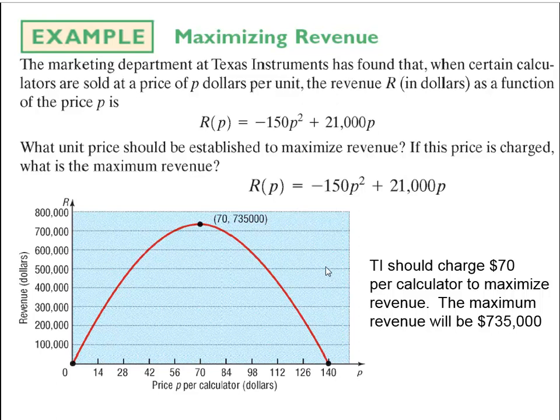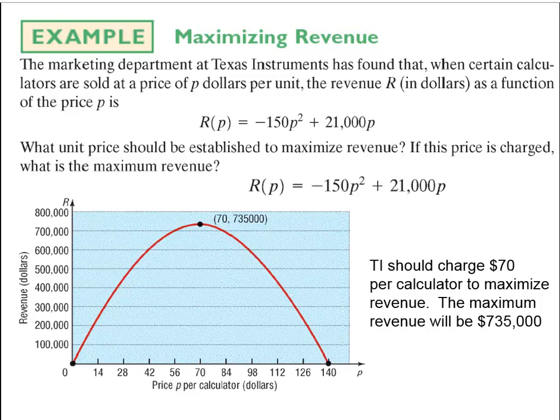And again, I didn't really show you any work here because I wanted to focus a little bit more on the concept. But not a whole lot of work to show. In reality, I would just do negative b over 2 times the a value, and that would give me the value of 70. I would plug that into the equation and get the y value in return.